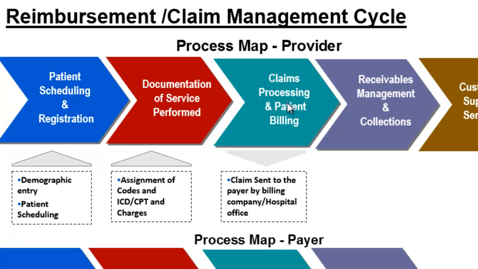That software generates claims to be electronically transmitted. If it's a doctor's office, typically a CMS 1500 claim would be generated and sent to clearing houses. From clearing houses, claims are sent to payers to get adjudicated, and finally payments can be made.